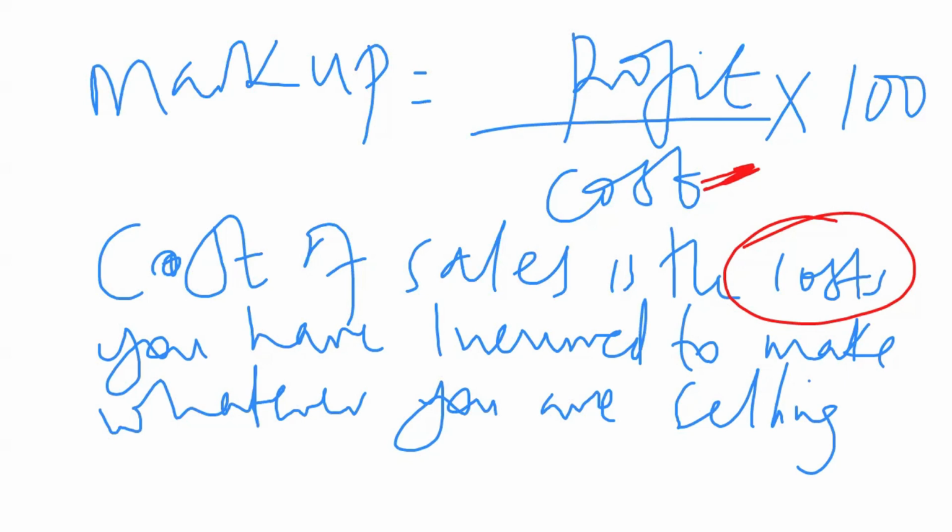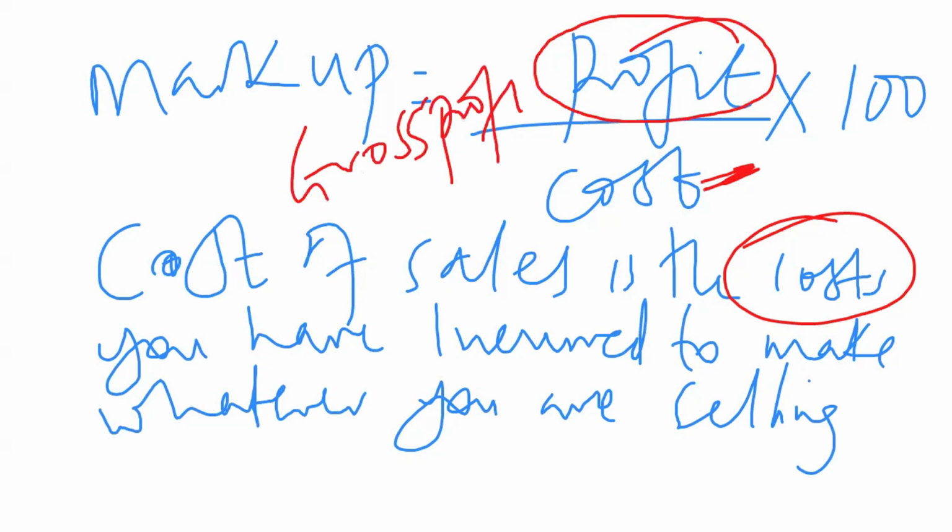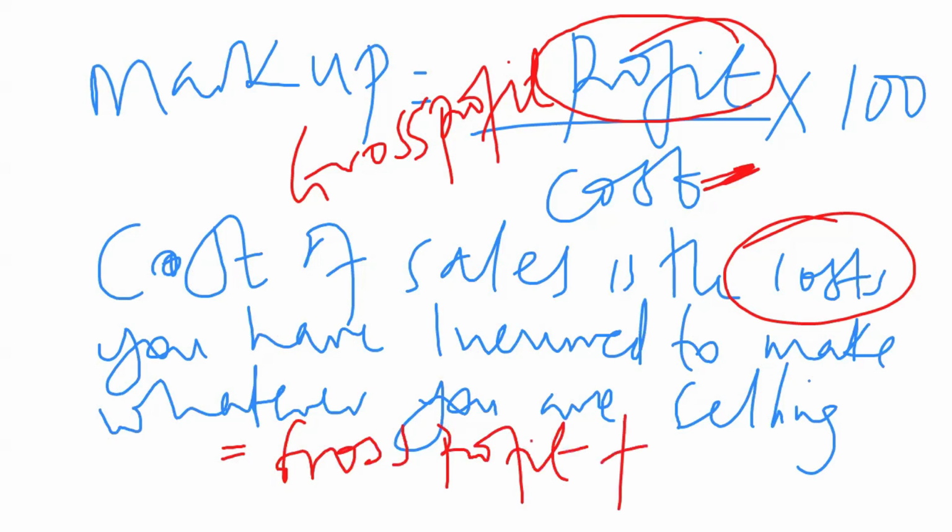So for the profit, it will be our gross profit. Because we know that cost of sales will be the gross profit plus our sales.